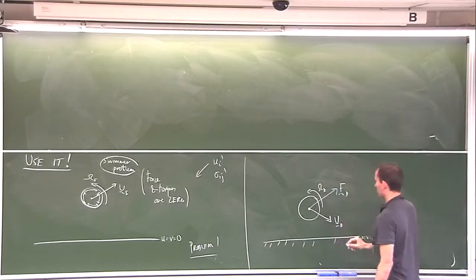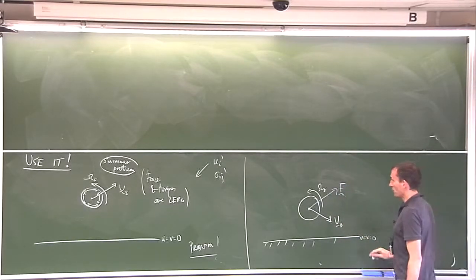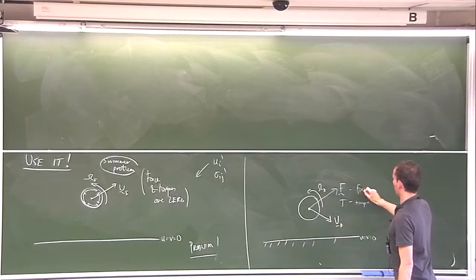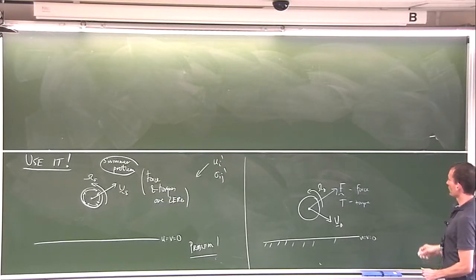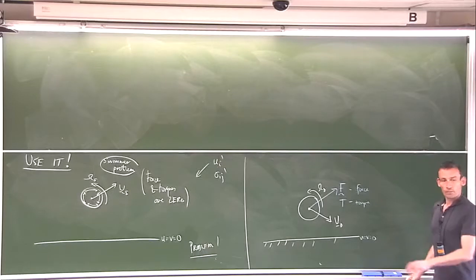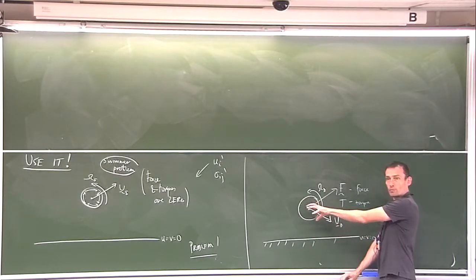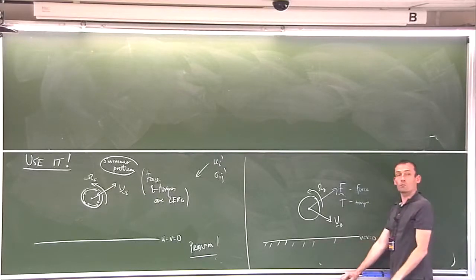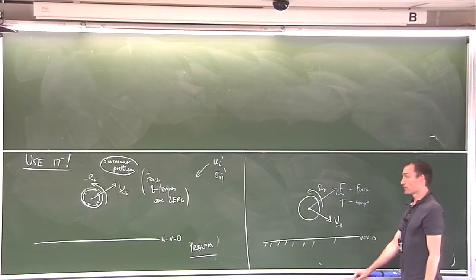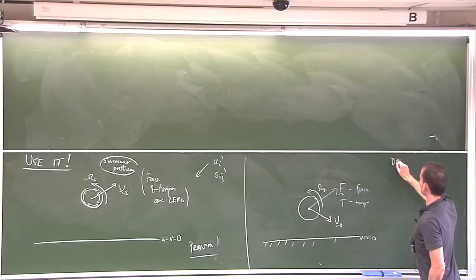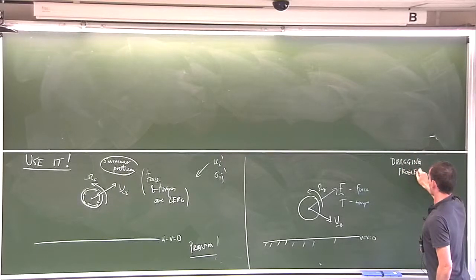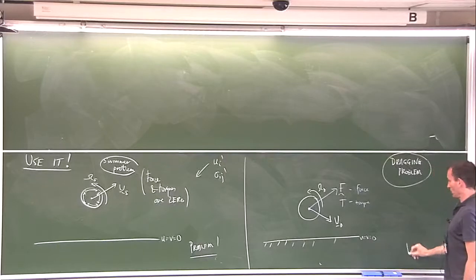So let's suppose it's got some force, it's the only force around, so let's just call it F, and there's maybe some torque T. Okay, so this is like you've got a wall, and you've got honey above the wall, and you're dragging the cylinder through the honey. And it's going to be hard work because the honey on the wall can't move. Let's call this the dragging problem. Okay, this is problem 2.